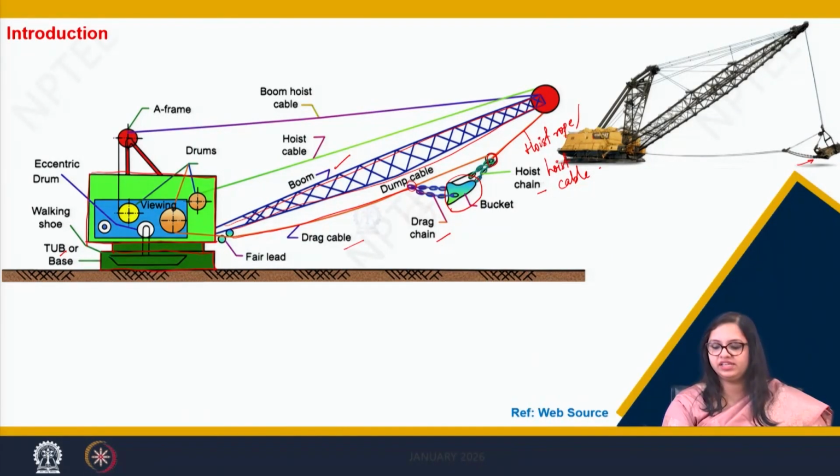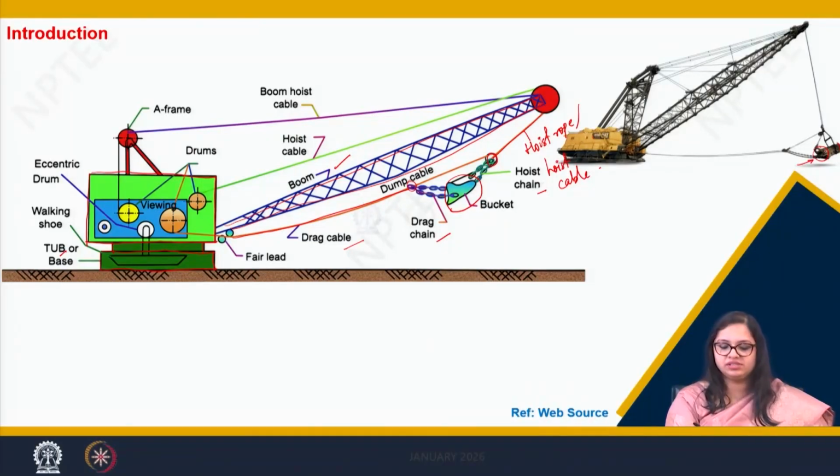This side is the open side, and to this the drag chain is attached onto the two ends of the bucket, like the two sides of this bucket. Here the hoist chain is connected to the spreader bar, and it is connected to the other end, which is the closed end.